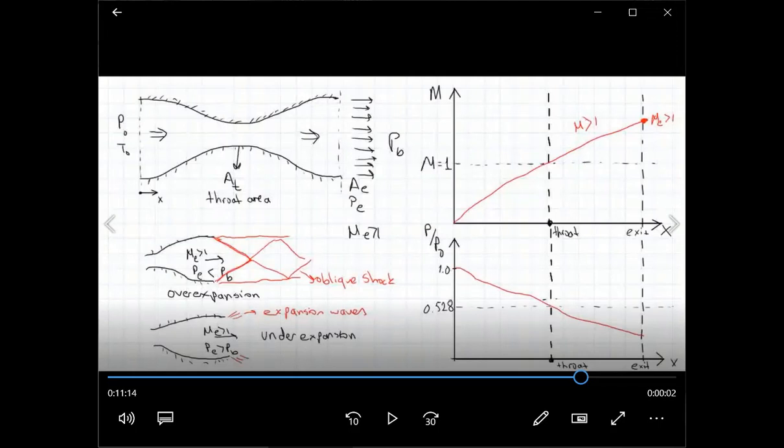Hocam, what is the effect of overexpansion and underexpansion on the performance? If it's not a perfectly expanded nozzle, that drops the performance, because I don't know if you're taking the propulsion class this semester. In the thrust equation, we have two terms.